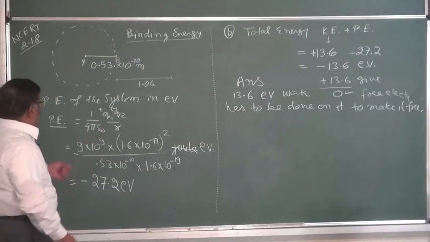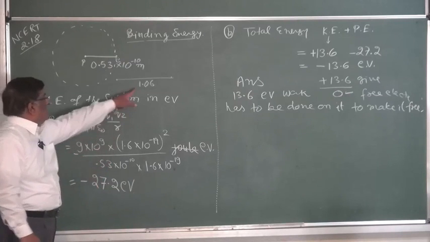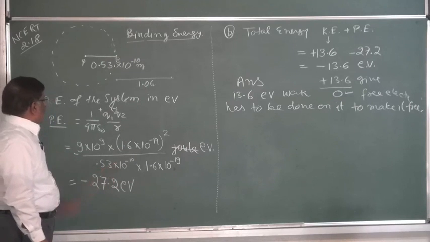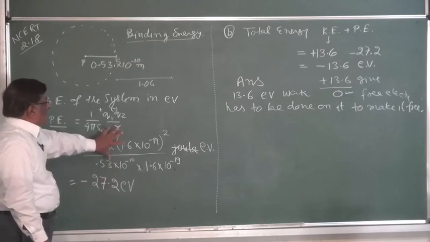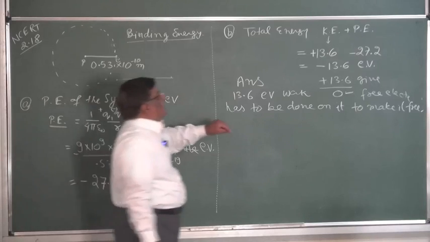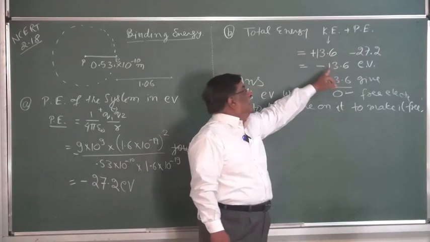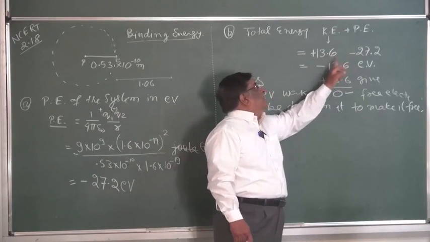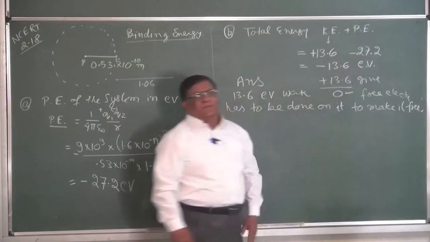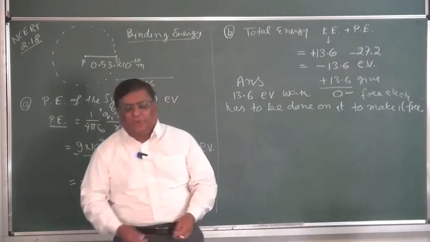Okay, do it again. In this place, what will we put? 1.06. Then this answer will change. We will make half of it, that will become kinetic energy. Again, do this operation, addition of the two. That will give the work required for it.